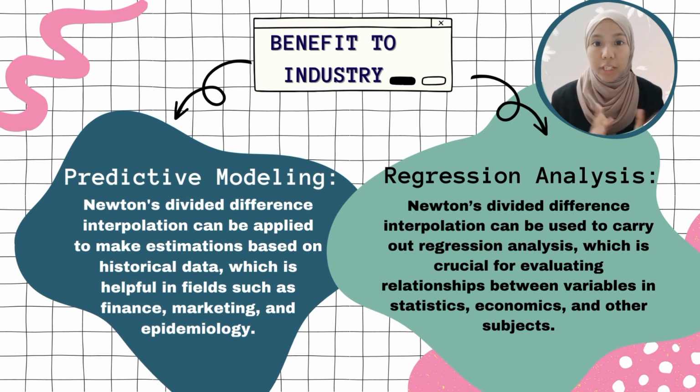First, predictive modeling can be applied to make estimates based on historical data, which is helpful in fields such as finance, marketing, and epidemiology. Second, regression analysis can be carried out, which is crucial for evaluating relationships between variables in statistics, economics, and other subjects.